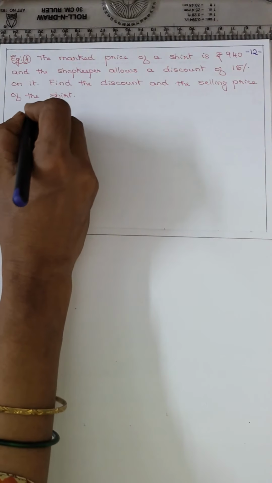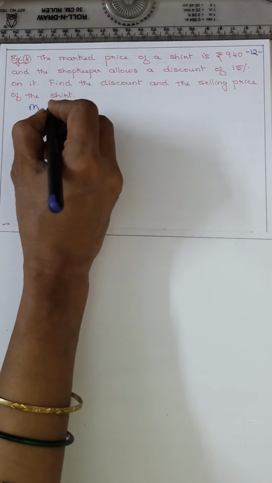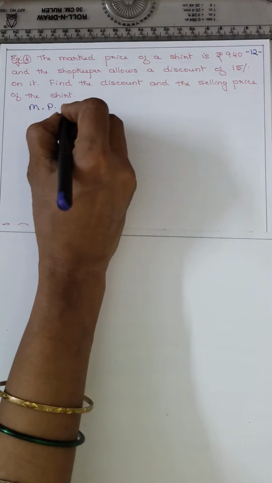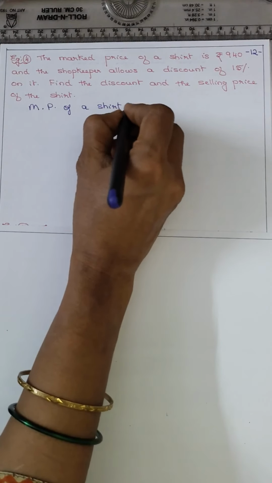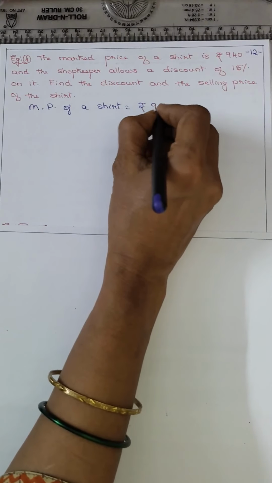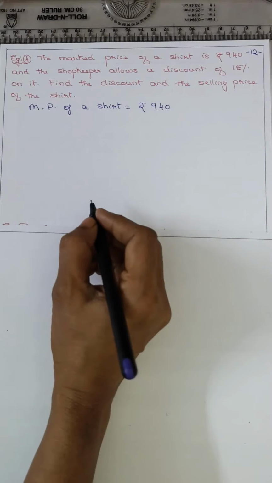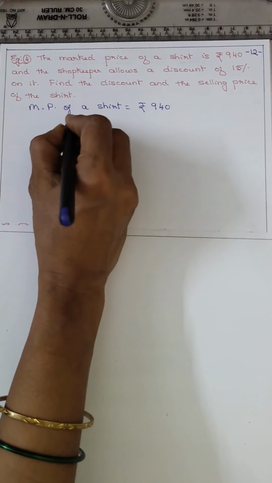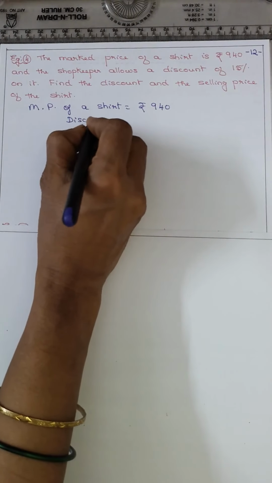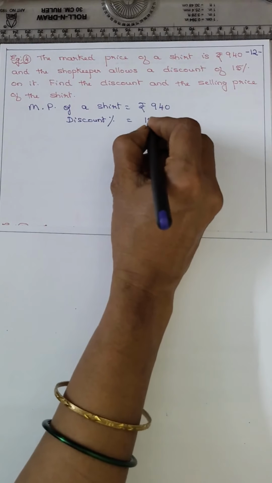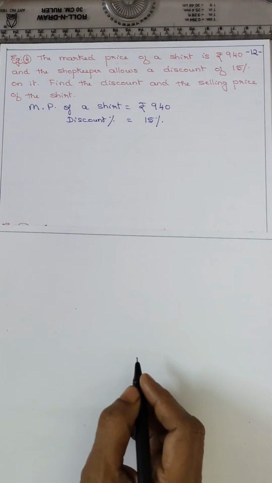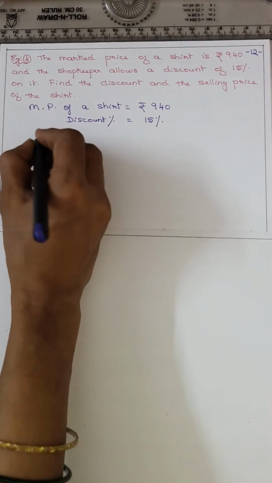So marked price is given. So MP of a shirt is equal to rupees 940. The discount percent is given. Discount percent is equal to 15%. They have asked you to find out the discount.